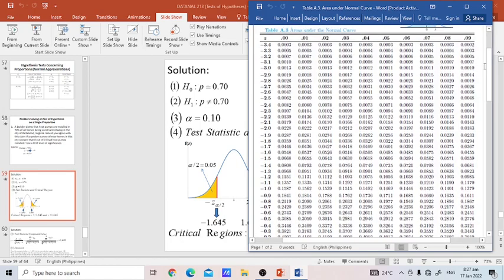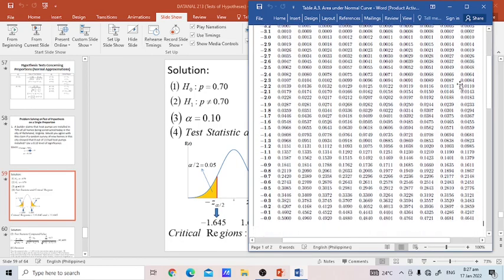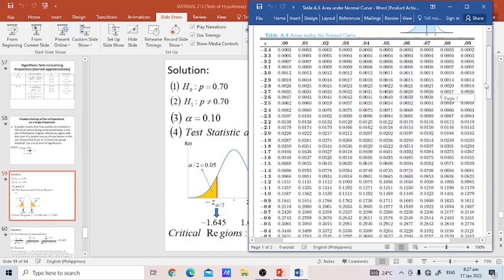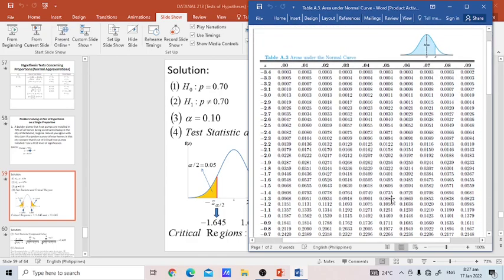0.05 here. We have 0.0505 and 0.0495. Between 0.0505 and 0.0495, that's the location of 0.05.